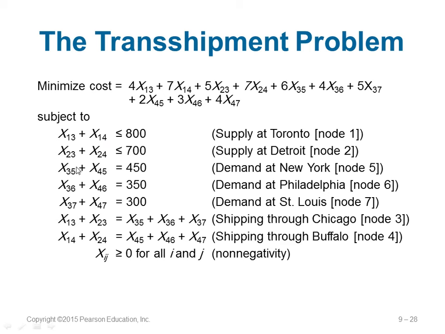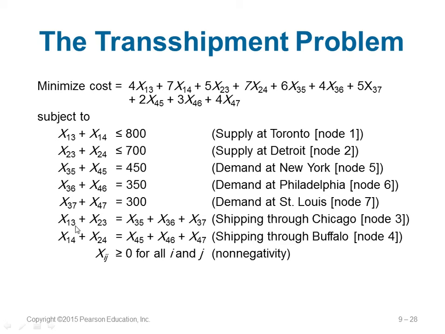And then you can see x35 plus x45 equals 450. This is based on the demand. So I need to deliver my item to node number 5, which is the destination, New York. It can either go from transshipment node number 3 or transshipment node number 4. It cannot go from anywhere else. Similar for the other destinations as well.